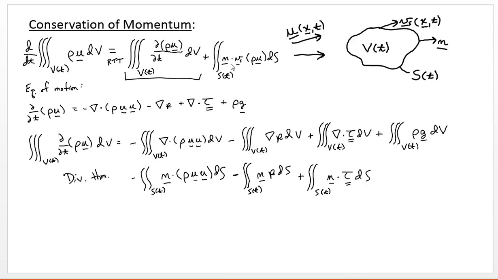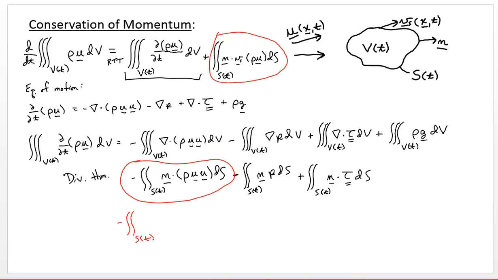This term here and this term here can be combined and written as minus the surface integral of n dotted with, in this case, u we have as the first vector, u.